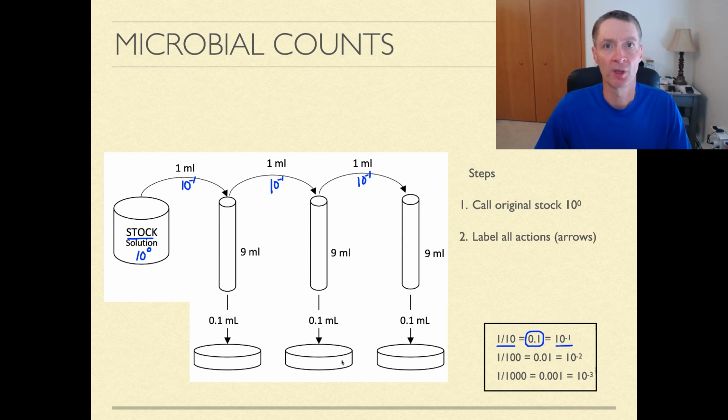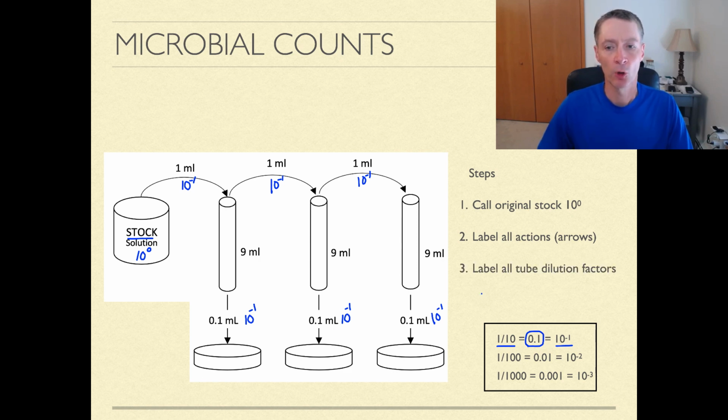It's almost like we're doing another dilution here because we're putting just some fraction of a full milliliter. So I would give this action a 10 to the negative 1 label. Every one of these is a 0.1 milliliter, so I'm going to give each a 10 to the negative 1 label. Now I'm done with step 2. I've labeled all of my actions.